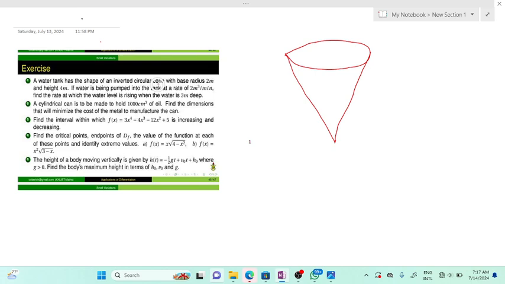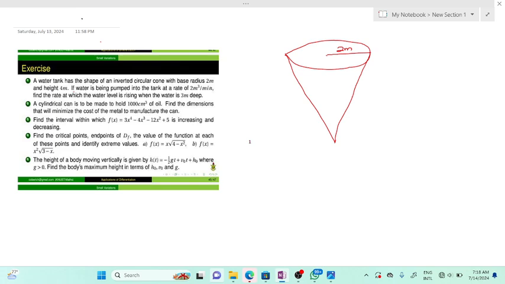So from the center here, meaning that from the center to any side here is 2 meters, right? Then it went ahead to say that it has a height of 4 meters. So a height 4 meters and a radius 2 meters.